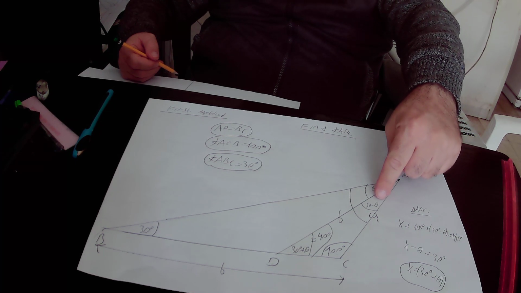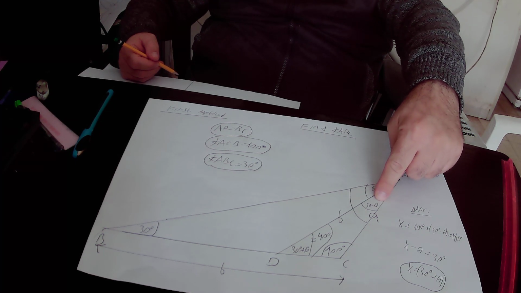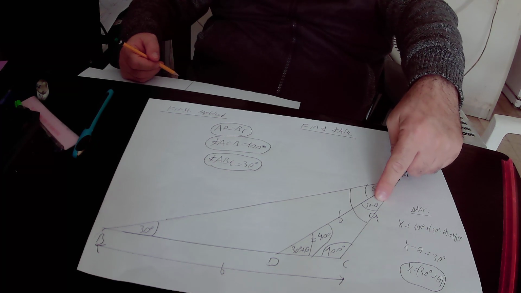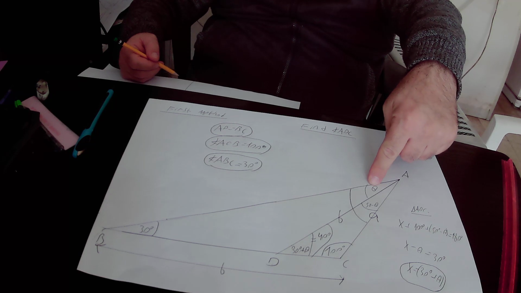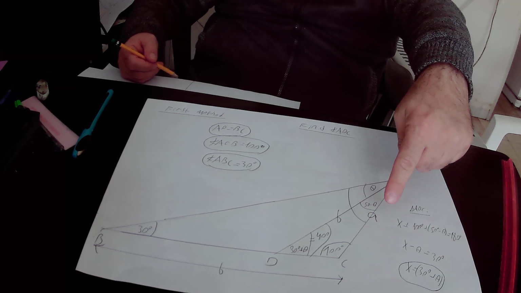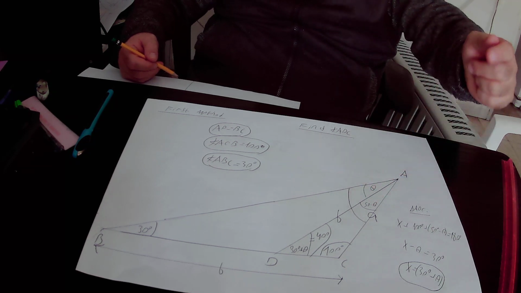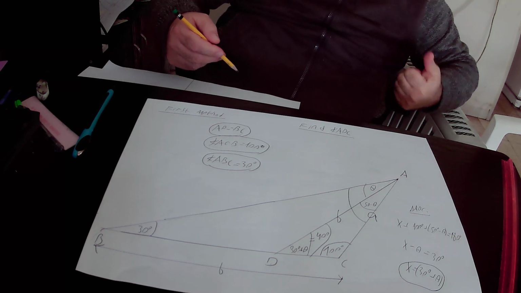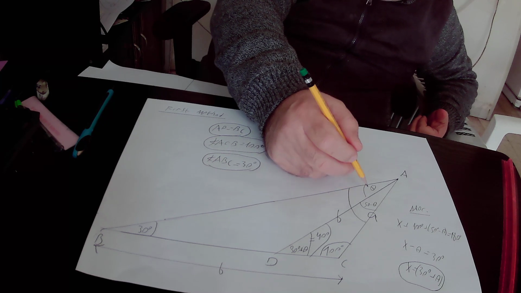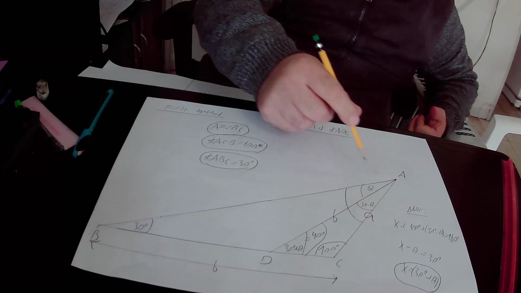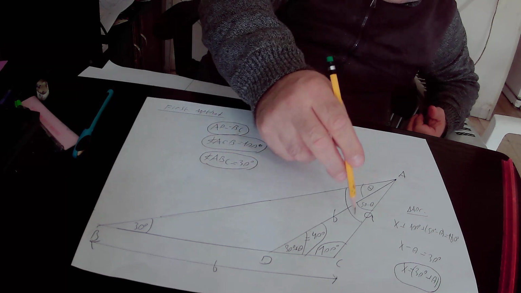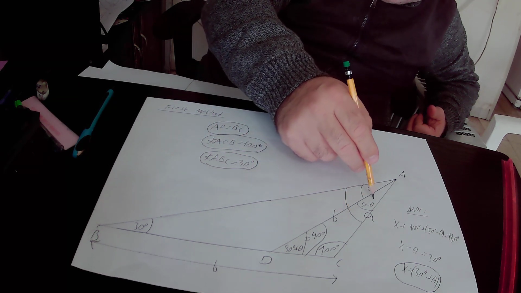Angle DAC must be equal to 50 degrees minus theta, because 50 degrees minus theta plus theta equals 50 degrees. That is the value of angle BAC, and angle BAC equals 50 degrees according to what we have already found out. So if angle DAB equals theta, then angle DAC must be equal to 50 degrees minus theta.